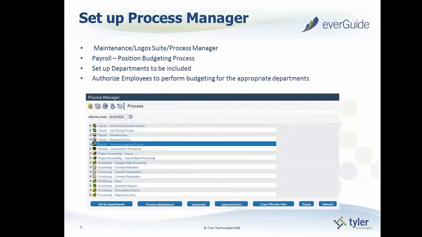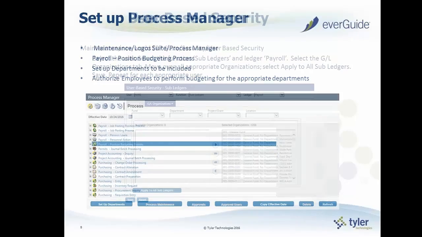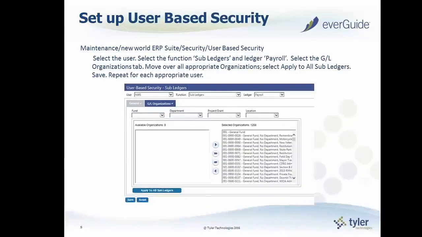All right, going on to the next slide: the process manager. Process manager gives access to the departments. You know that there's a layered security set up in the NWERP software. You have to give access to the department so you can control who sees what departments, as well as the user-based security.